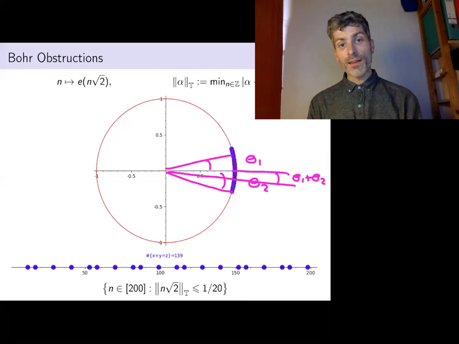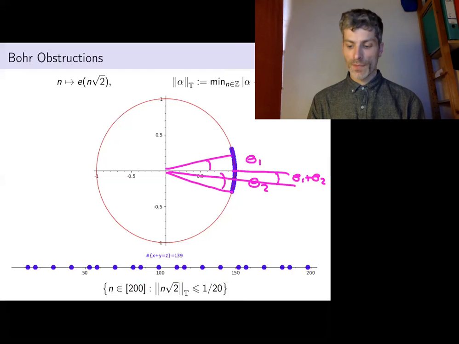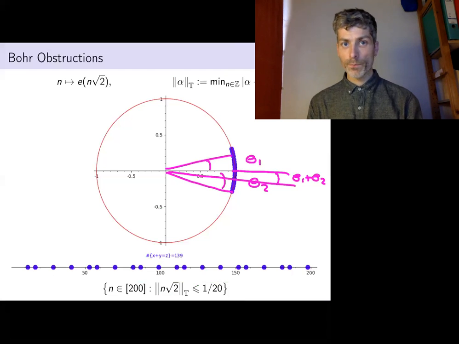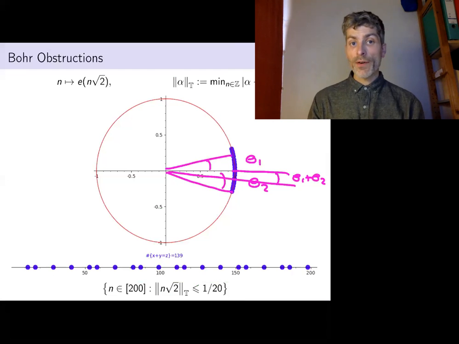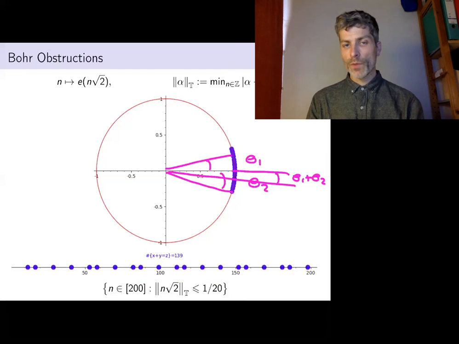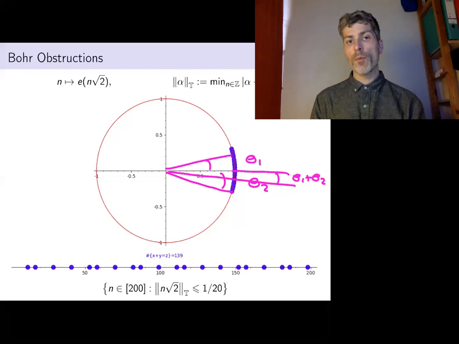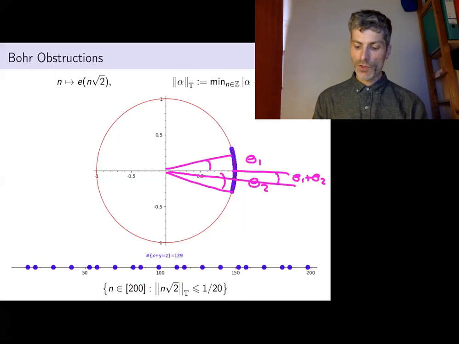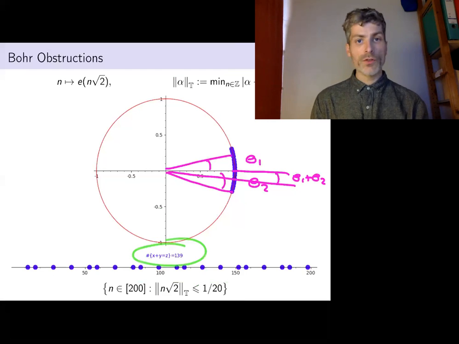And it's very likely that the sum of theta 1 and theta 2 lies in the same arc, at most 1 over 20. So adding angles in this region, you're very likely to stay within the region. So when you pull back via a homomorphism, if you sum two integers in that set, you're very likely to stay in the set. And that's why you generate lots of solutions to your equation.